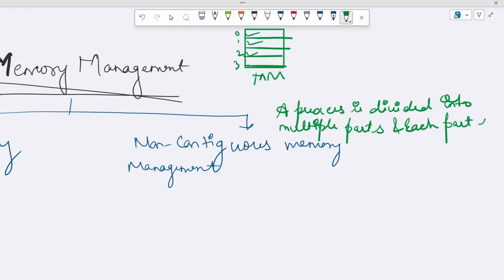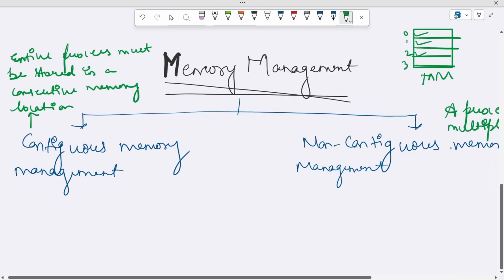So this is the difference between these.